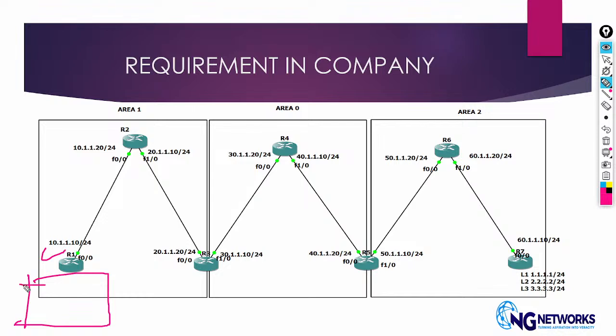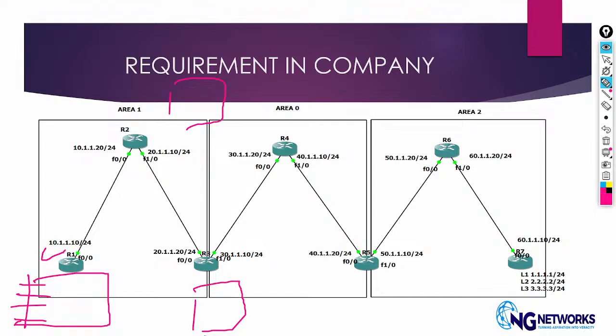R1 will contain the whole topology information, like where R2 is connected, where R3, R4, R5, R6, R7 are. So if I have hundreds of routers, maintaining the database of hundreds of routers on each and every router will become very CPU intensive. It needs a lot of space in memory, it will consume a lot of RAM, and it will use CPU cycles.